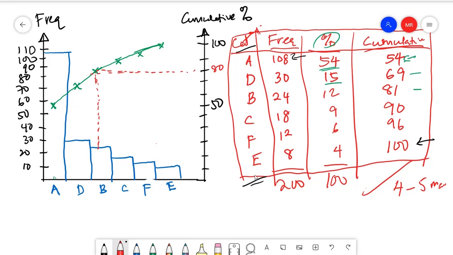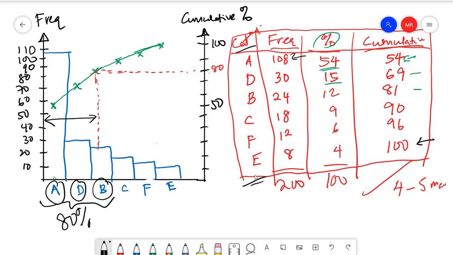So what does it mean? Based on this chart, the company or the people doing this study need to concentrate on these problems on the left side, that means A, B and D, because these three problems contribute to 80% of the overall problem.